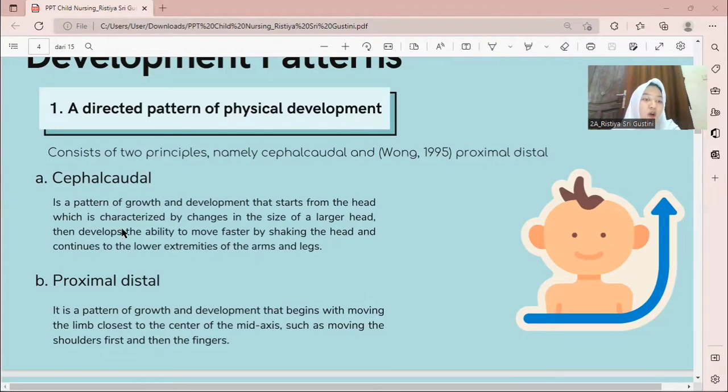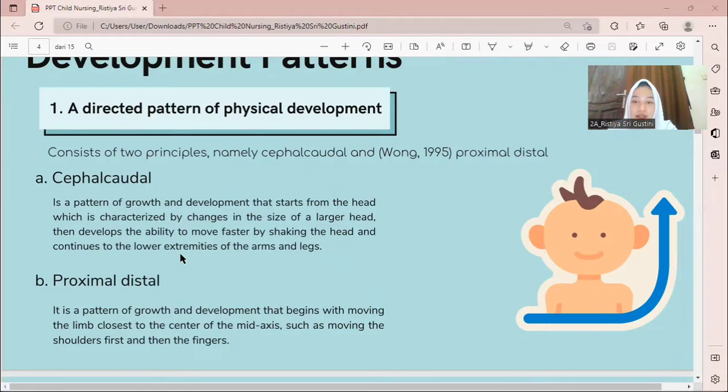It is a pattern of growth and development that starts from the head, which is characterized by a change in the size of a larger head, then develops the ability to move faster by shaking the head and continues to the lower extremities of the arms and legs.